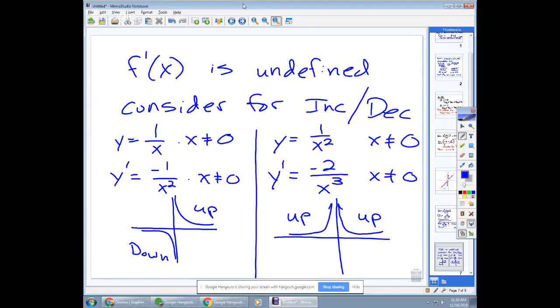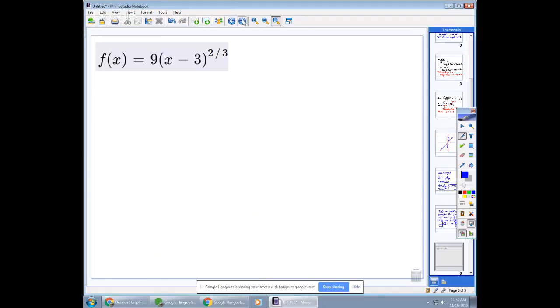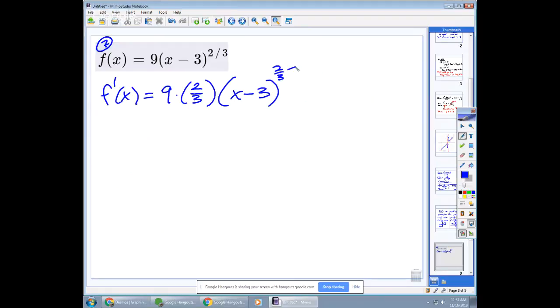Okay, moving on. There's a problem from the homework I wanted to go over, which is this one right here. I think this was number 7. This is a cute one. So let's find its derivative. f prime of x is going to be 9 times 2/3, and then the power is going to be 2/3 minus 1.